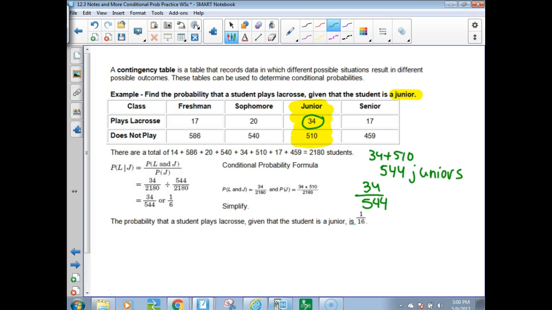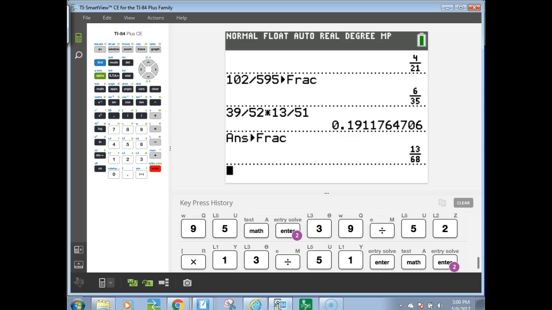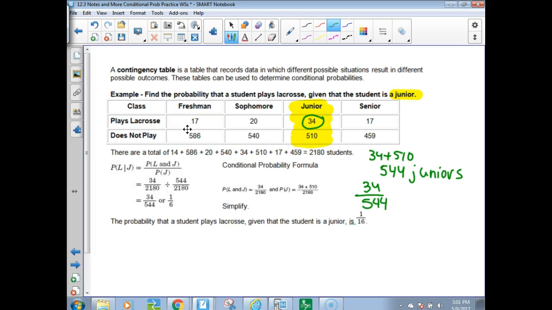Now remember how to reduce on your calculator because there's an error on this page. Grab your calculator. Guys, everybody got a calculator out? Reminder, you need one. We got some big numbers we're going to have to do some reducing on.